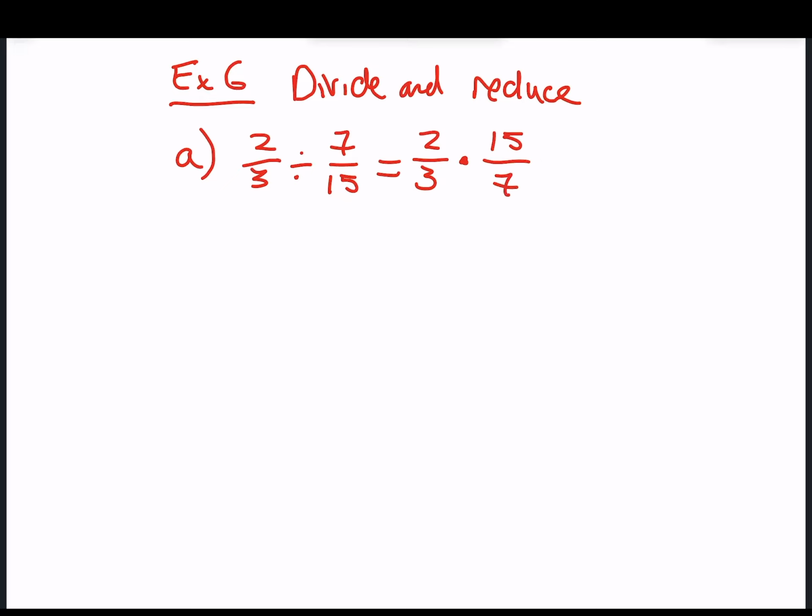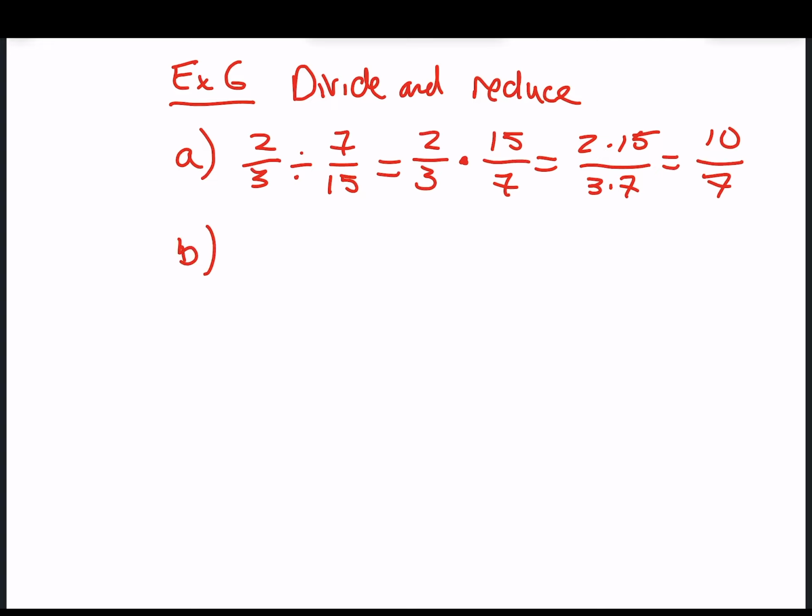Then we'll multiply like normal, which is 2 times 15 over 3 times 7. Well, we have a common factor of 3 in the numerator and denominator, so we can divide both the numerator and denominator by 3. 2 times 15 divided by 3, that's 30 divided by 3, or 10. And we can just cancel the 3 in the denominator, so we're left with 7, so 10 over 7.